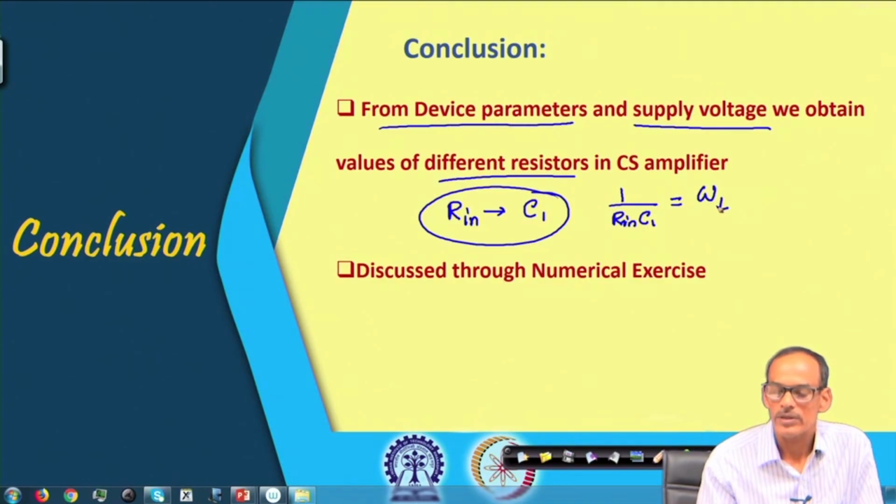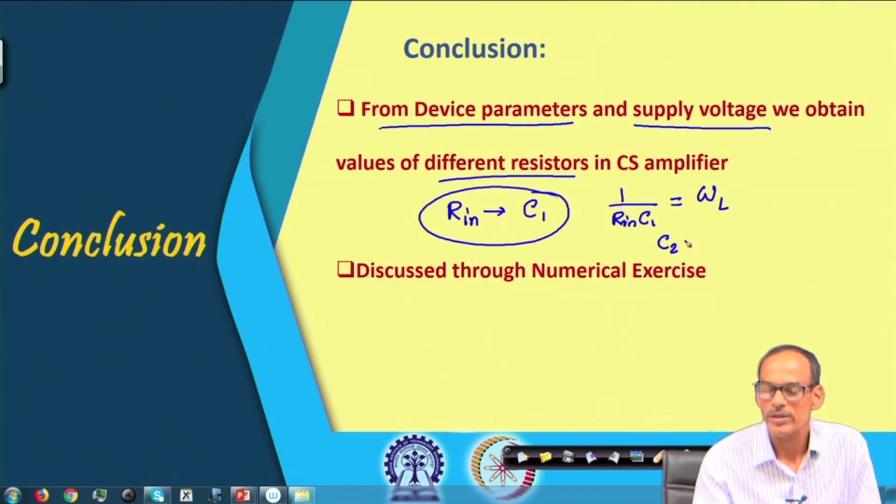And C2 typically we may take in the same order as C1, so that the signal can propagate from the output node, the drain node, to the subsequent stages. This may become clear once we cover the frequency response of the amplifier. But yeah, these are the guidelines we should follow.